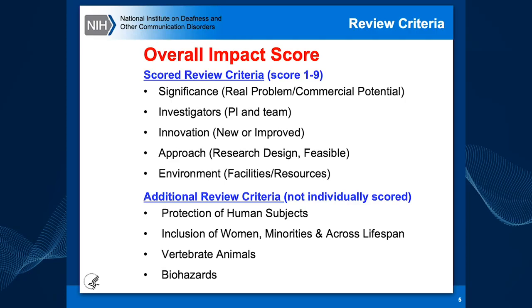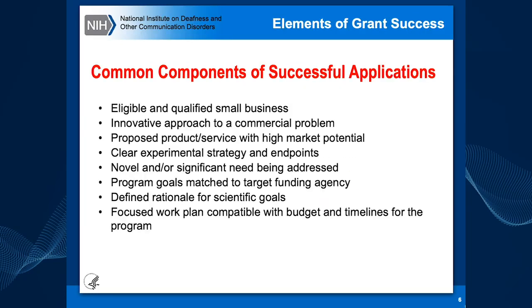A question we often get is what makes an application good? This slide lists the common components of successful applications. These points are self-explanatory. On the other hand, the criticisms we often hear are also the points you should try to avoid.